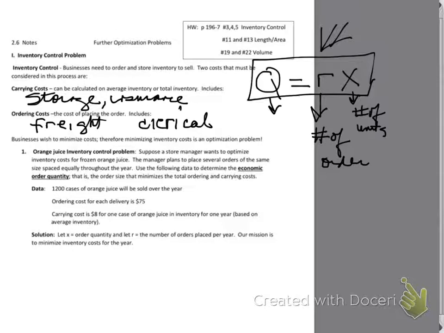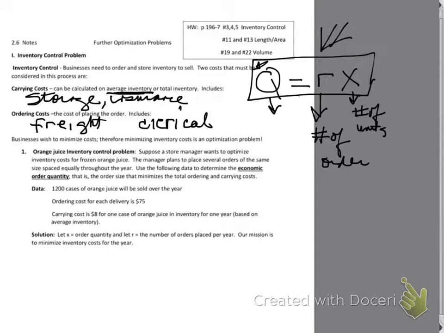Okay, the most important thing you need to know about this, in addition to this being the constraint, is that your carrying costs fall under two categories. They can be based on the average inventory. So for example, if you order 100 units every month, then you order 100, you sell off, you get to 0.